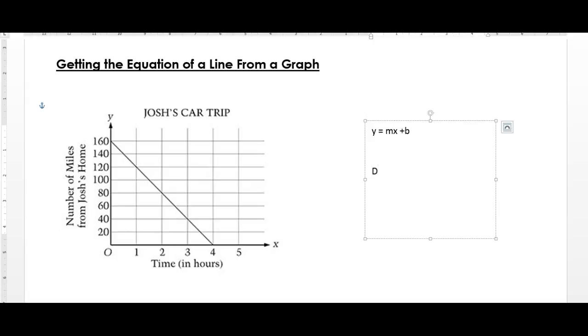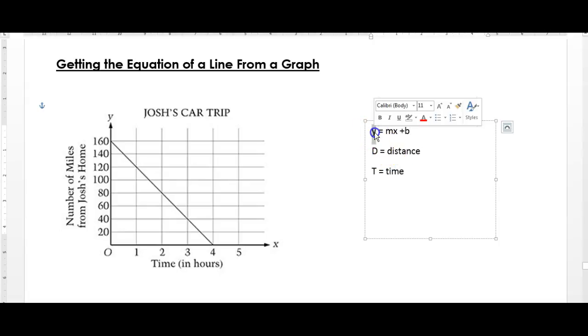So we say d, and that equals my distance, right, in miles. And then when I look at what my x variable is in this case, it's time in hours. So maybe I'll put t for time, right? And so there I've got some variables that make sense. So instead of using x and y, I'm going to use d and t.